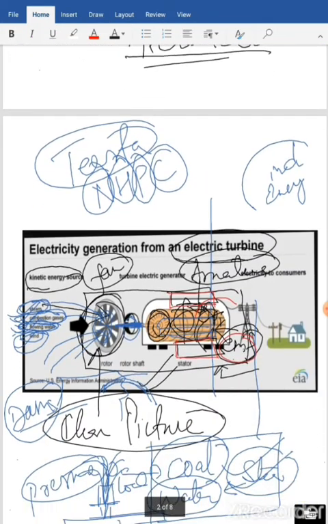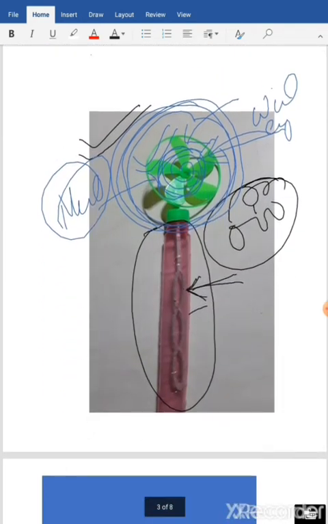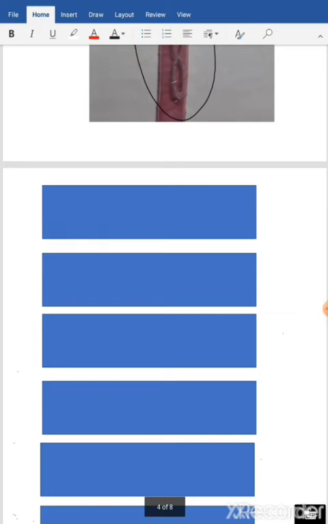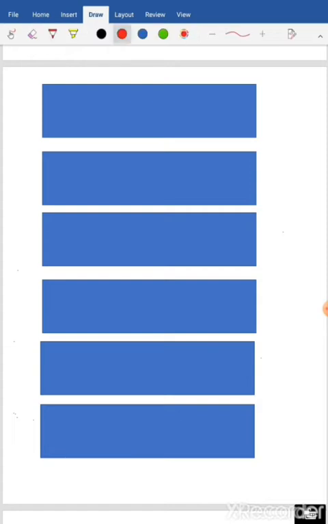Clear? So now here in the powerhouse, what is done? Now let us do it in a flow chart. So how is power supplied from the generator or the power station to the consumer, that is to us? Here I have 6 rectangular boxes.